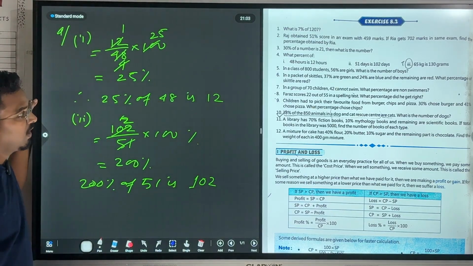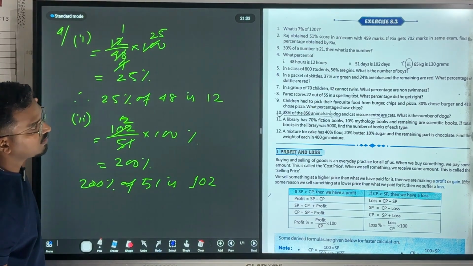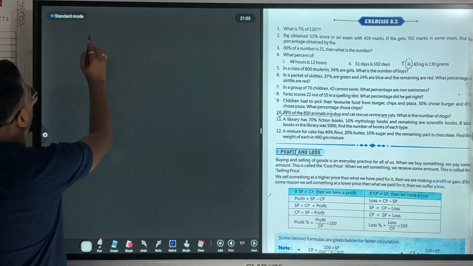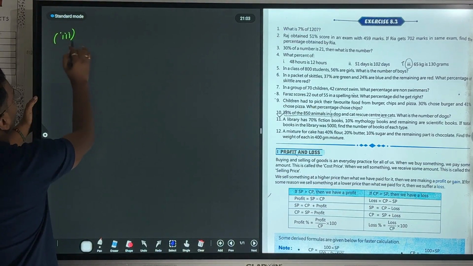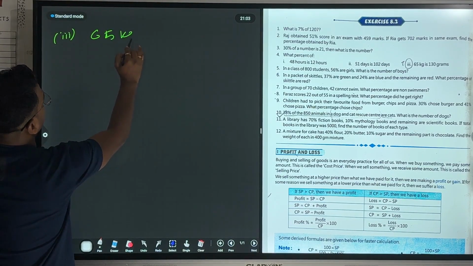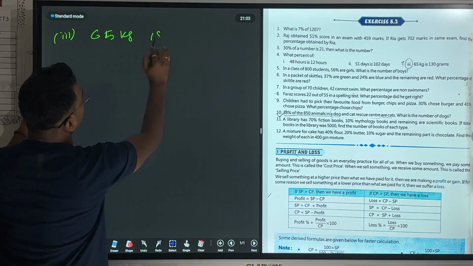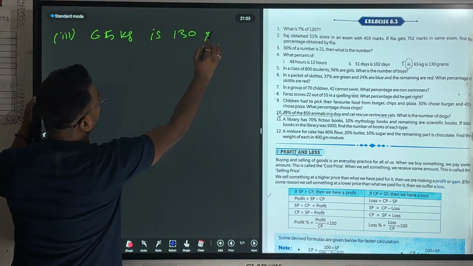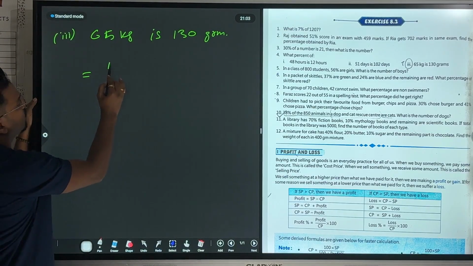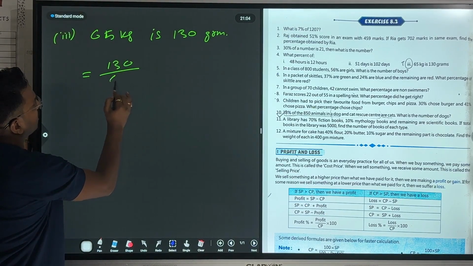Okay. Next we have what percent of 65 kg is 130 gram. So here in this case we have to write 130 by 65.